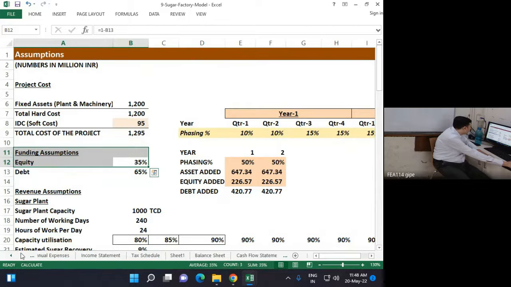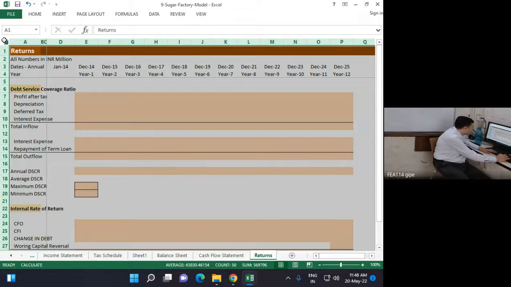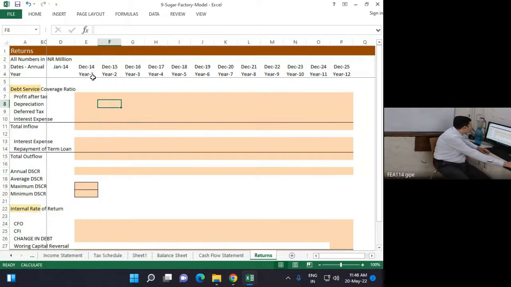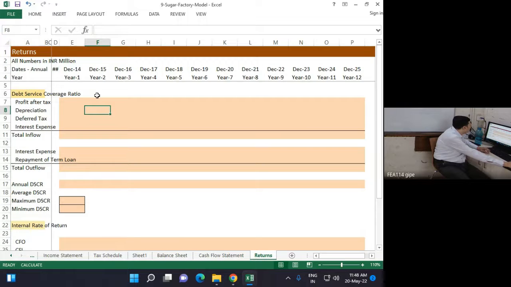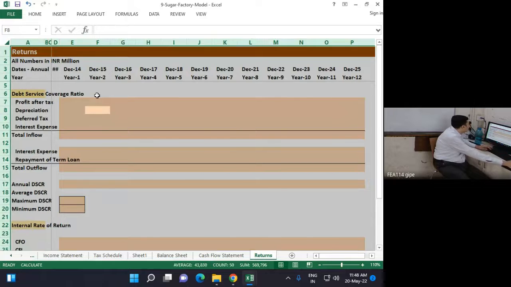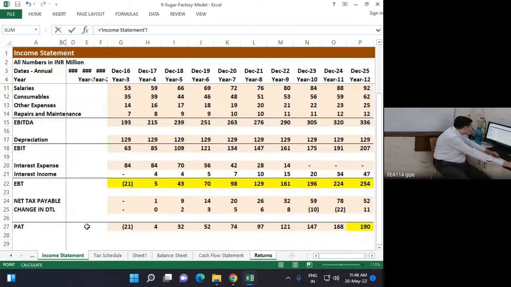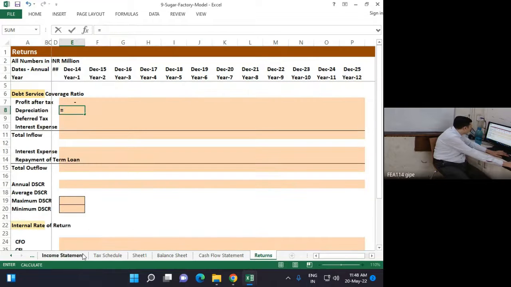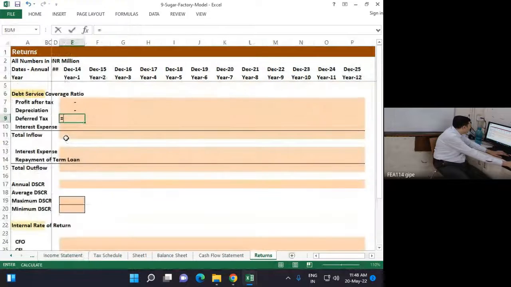Okay, so let's come to the return page and let's find the DSCR. Now you will see DSCR is the annual calculation. We will be doing it from year 2 to year 12. Okay, so let's start with PAT. Take it from the income statement, match year to year. Depreciation also income statement. E column से ही लेना आप.